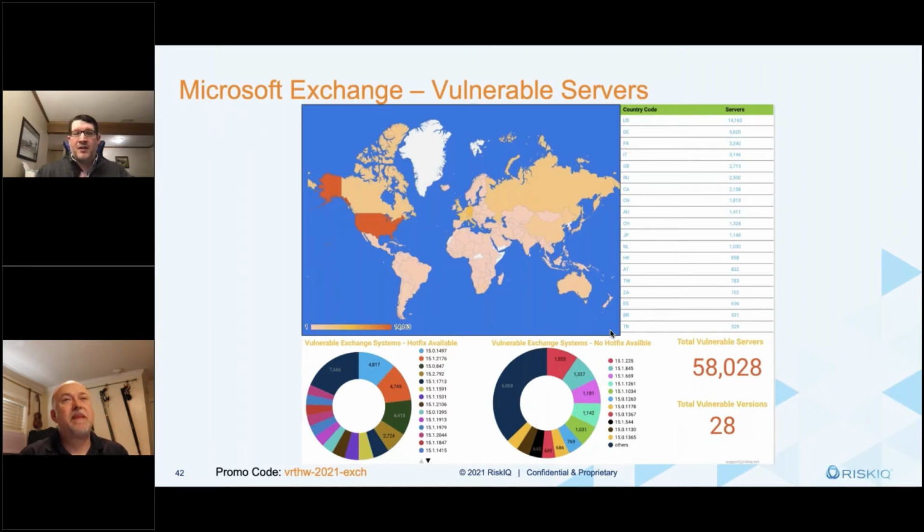Again, as this first started to unfold, we were originally looking at a group called Hafnium. They're the ones who tend to get the most attention. But even before the embargo on the vulnerabilities was released and the vulnerabilities publicly disclosed, there were additional APT groups in particular who were taking advantage of these vulnerabilities.